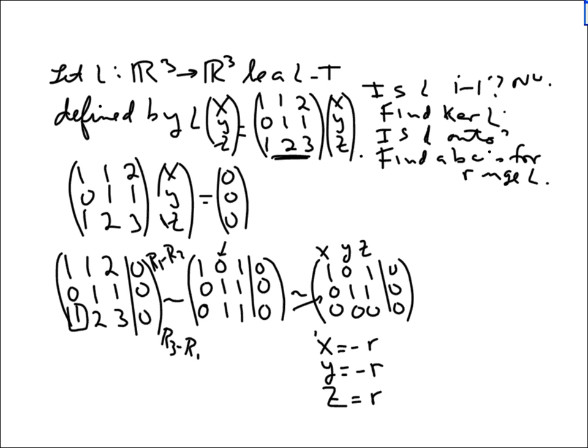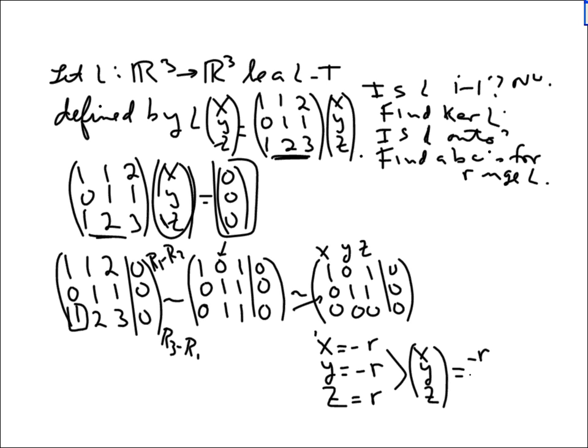So what can you multiply A by to get 0, 0, 0? The answer is negative R, R. That is R times negative 1, 1, 0.